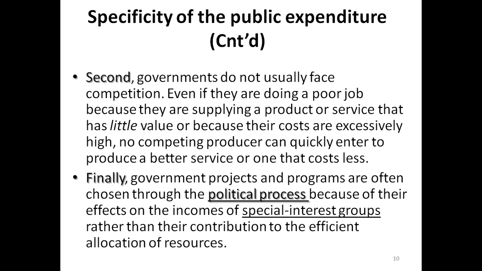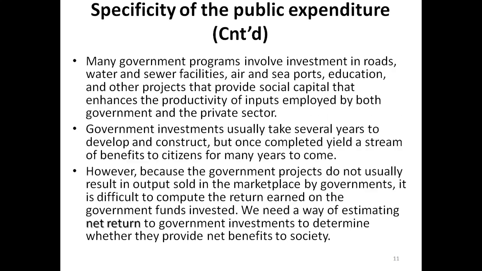The second: the government does not usually face competition, even if it does poor quality work, because there are no competitors. The final one: government projects and programs are often chosen through the political process because of their effects on the income of special interest groups rather than their contribution to the efficient allocation of resources.